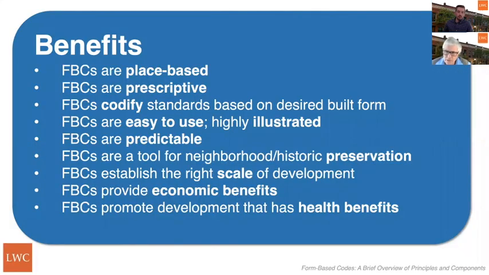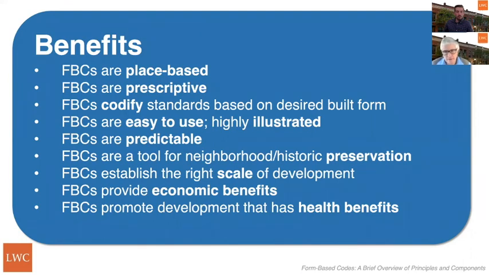Now, form-based codes, as I mentioned before, have become very common across the United States. Their benefits are that they're place-based. They're written unique to one community. Even though the elements within the form-based code may be common, their standards are specific to the community for which they're written. They're prescriptive.